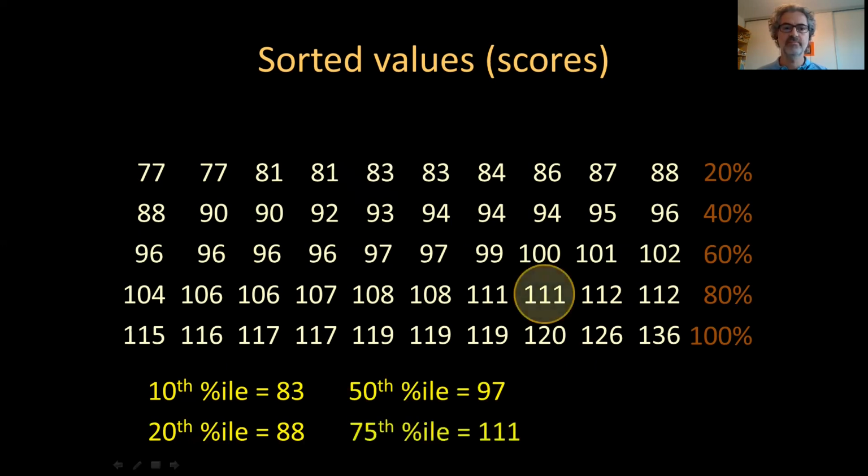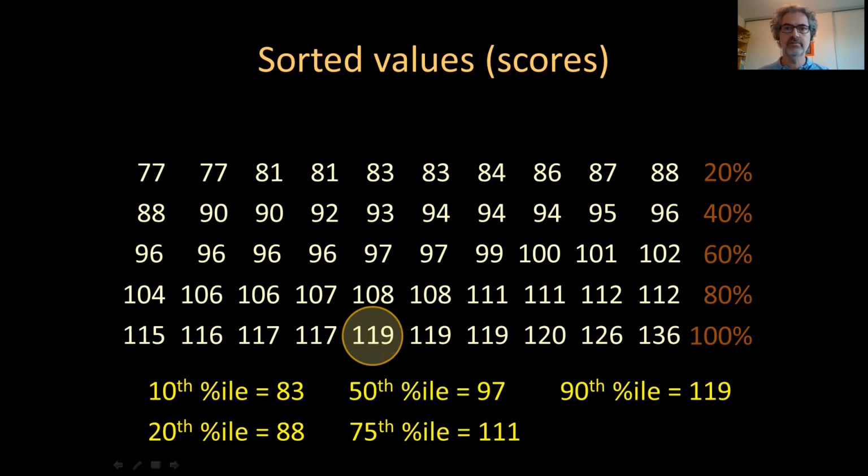The 75th percentile, which is the same as the third quartile, is 111, which is above 75% of the data, below 25%. And the 90th percentile is 119. 119 is the score that is above 90% of scores and below 10% of scores. So these are the percentiles.